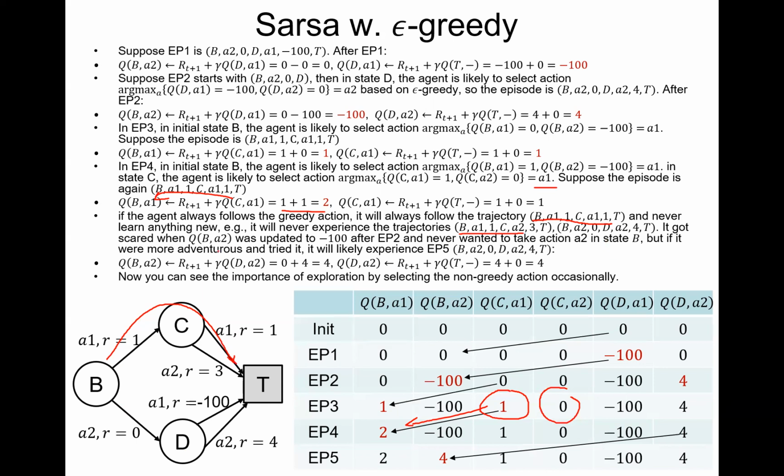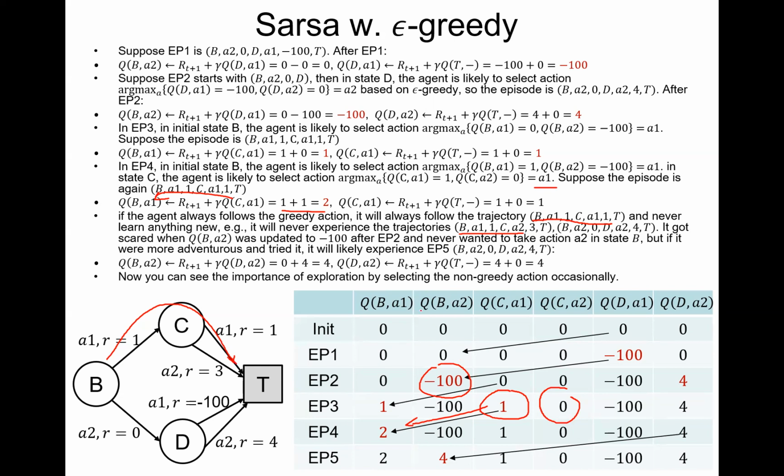So it got scared when QBA2 was updated to -100 after episode 2, and never wanted to take the action A2 in state B, because it thought that the action A2 leads to a bad outcome. But in fact, it's just because you didn't explore enough. You didn't see the transition from D with action A2.